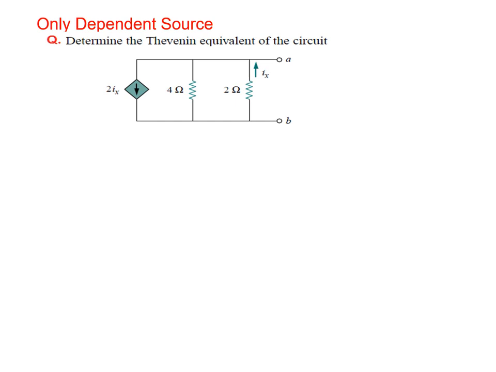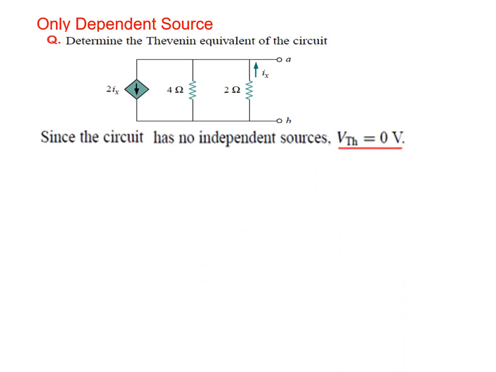So let's start with an example. This is with only dependent source, and we have to find the Thevenin equivalent. As we have learned, since there is no independent source, the output voltage VAB or VThevenin will be 0. So straight away we will write that VThevenin is 0.